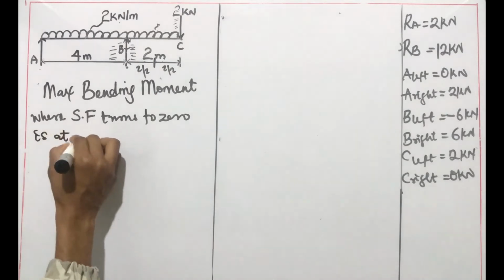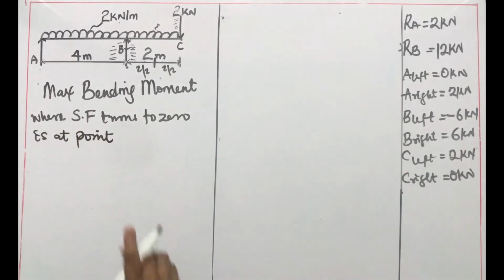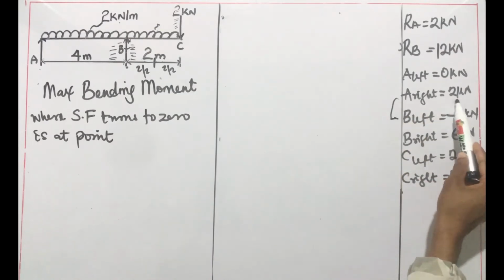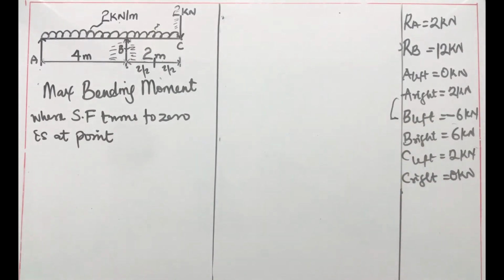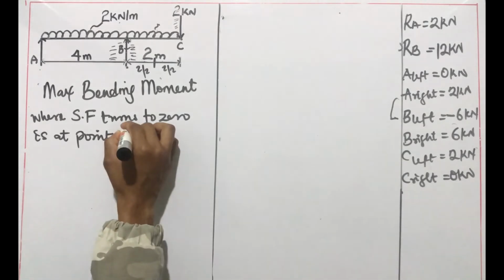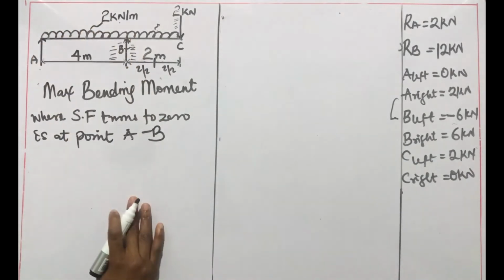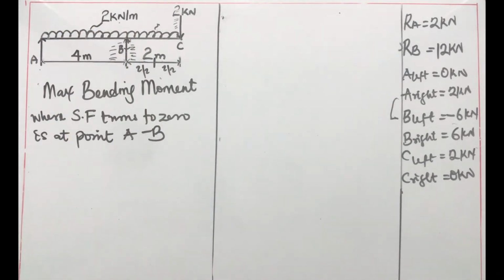Looking from our values, shear force changes its sign from A to B. What this simply means is that from the point A to B, we're going to take a section.